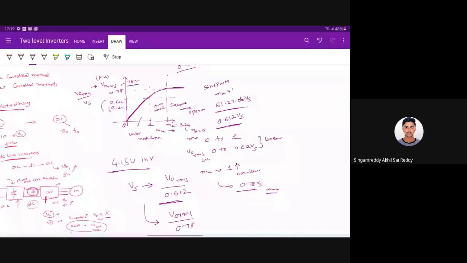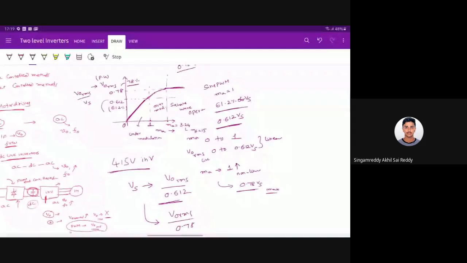Sir, I have a small doubt. You said that from 0 to 1 of MA, it is a linear region under modulation. So for an MA value of 1, the output V0 should also be 100%.